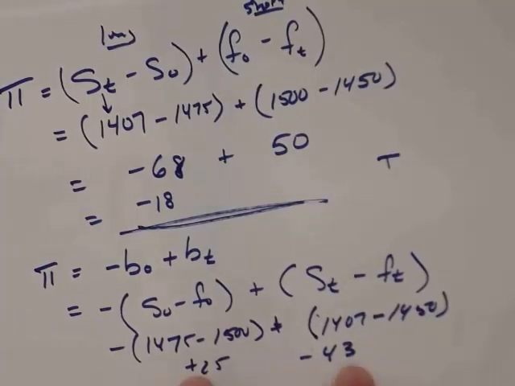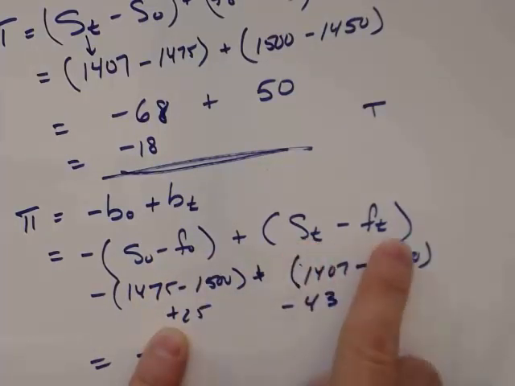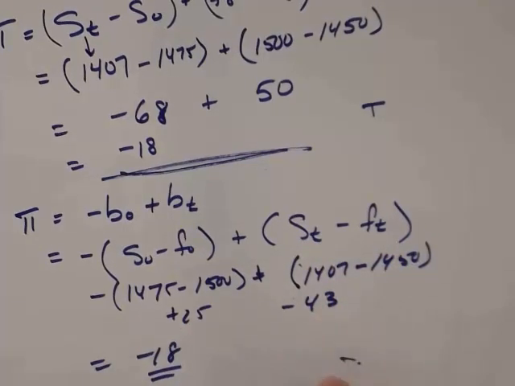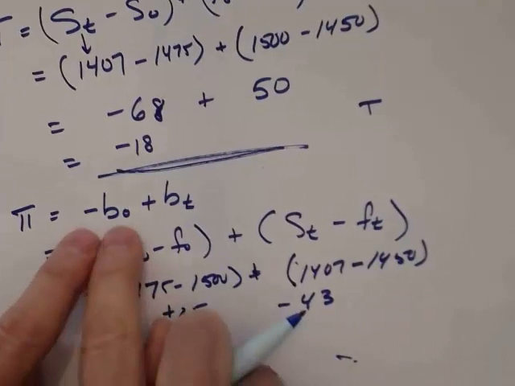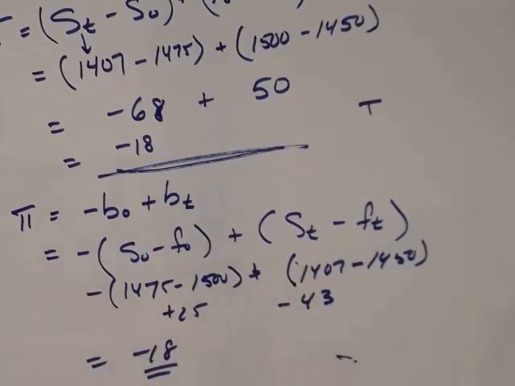In other words, basis changed. It was a positive $25 when we put the hedge on at time 0, but it went to minus 73 in December. And there you got a really nice example of basis risk and accounting for it in this accounting framework that your author provides.